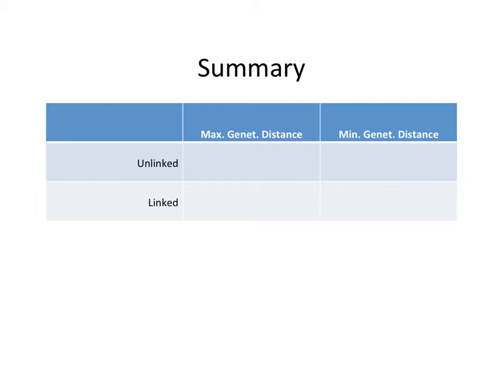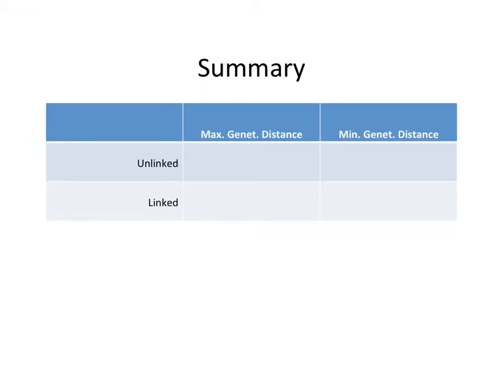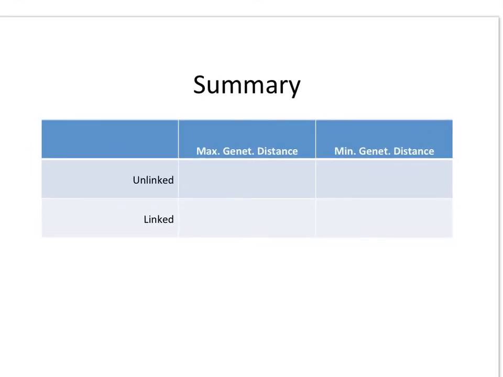So that means their minimum and maximum genetic distances are 50 centimorgans. So if genes are on separate chromosomes, they're going to be 50 centimorgans apart. We talked about this last time briefly.